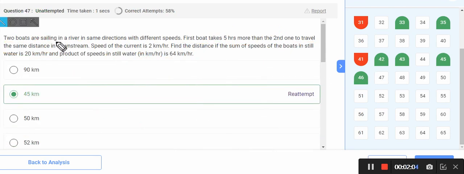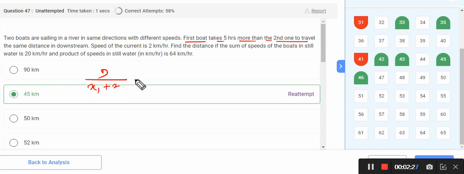Two boats are sailing in a river in the same direction with different speeds. The first boat takes 5 hours more than the second one to travel the same distance. So the distance is the same, and these boats are going downstream. So the speed of the first boat plus the speed of the stream, the speed of the current, the speed of the stream.